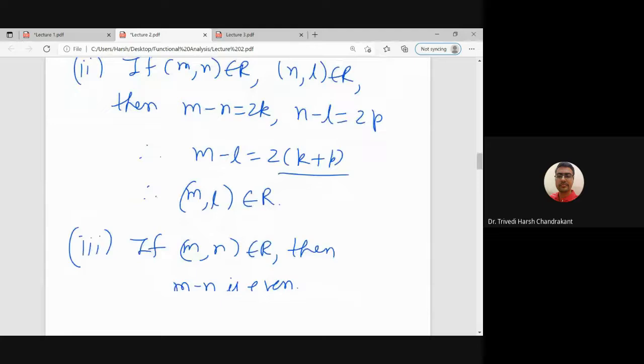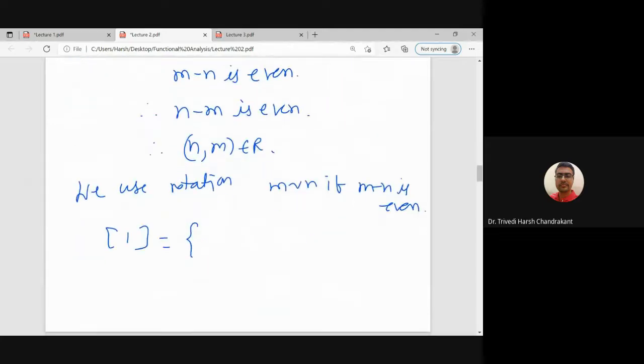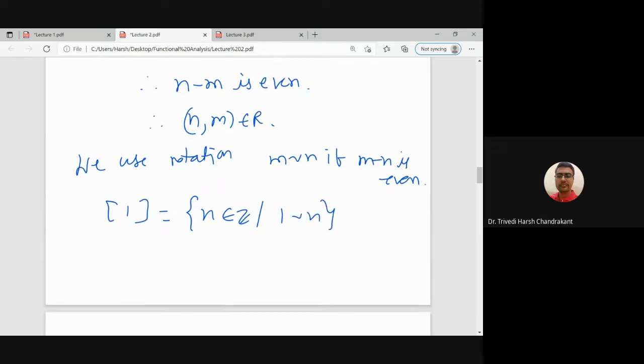So here the equivalence class of 1 is the set of n belongs to Z such that 1 is related to n. That means n belongs to Z such that 1 minus n is even.